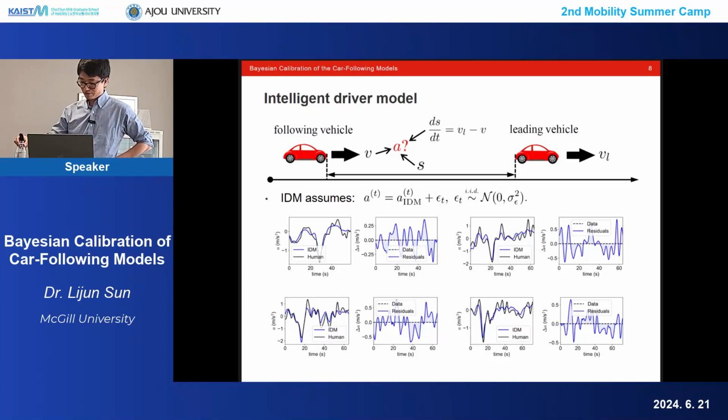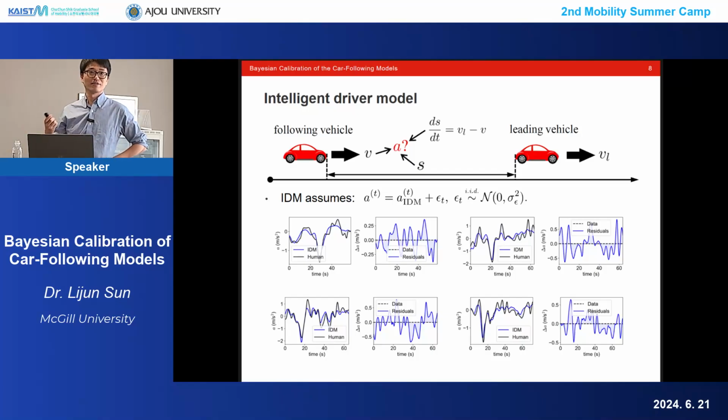It's not a surprising observation, but if you think about the way we calibrated the IDM model, we are essentially assuming the error term to be independent at each time point. But if you look at the observed error or residual time series, it's a time series, so it's not independent, right? And this leads us to the question: if I assume the error term is independent, and I use this to do my calibration and my simulation, can I get the correct result?